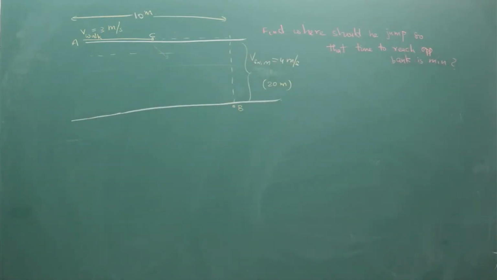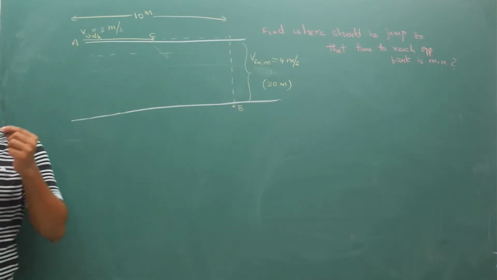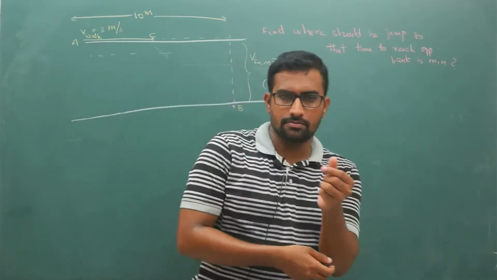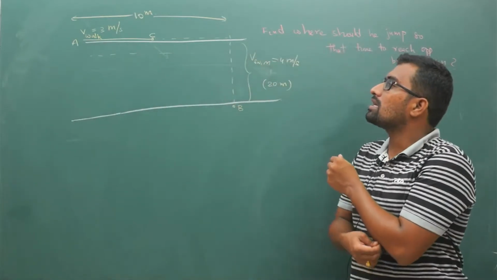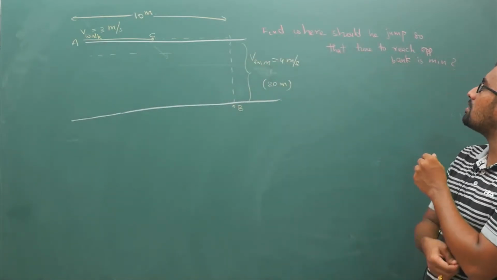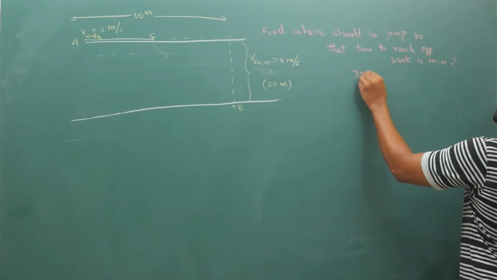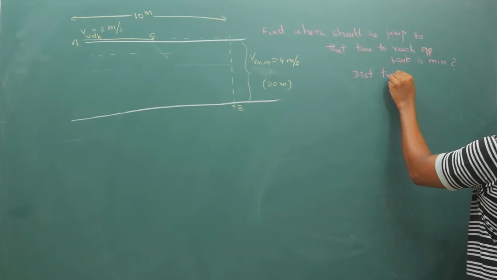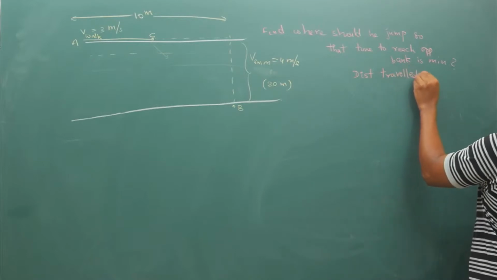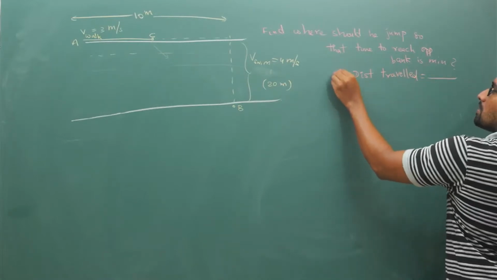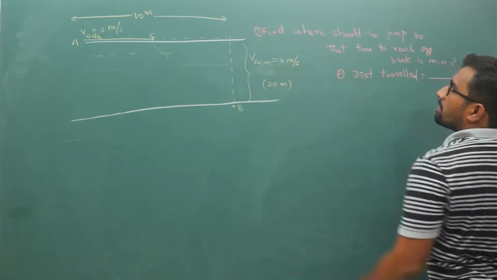Now, here the total distance he travels, that also we can calculate. When time is minimum, you calculate your distance traveled also. Distance traveled is equal to dash. This is your second bit, this is your first bit.